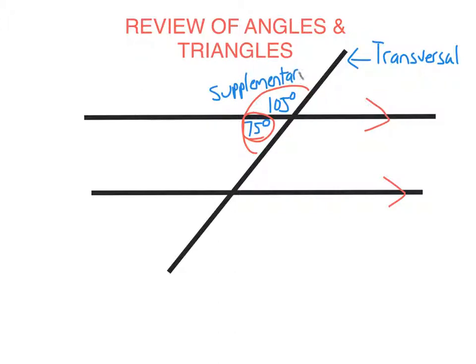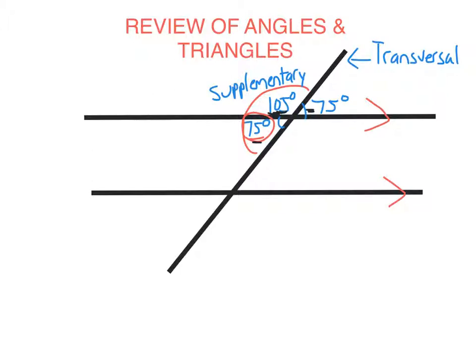So that's angles on a straight line. Now, if this angle and this angle add to 180, but this angle plus this angle are also in a straight line, so they must add up to 180. So this angle here must be 75 degrees as well. So this angle and this angle are always equal. They're vertically opposite angles.